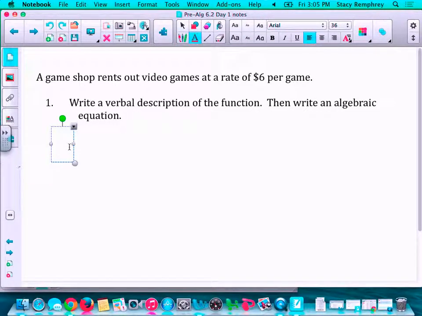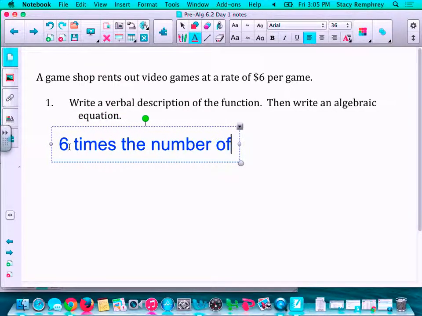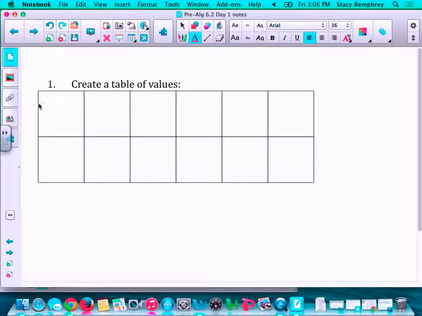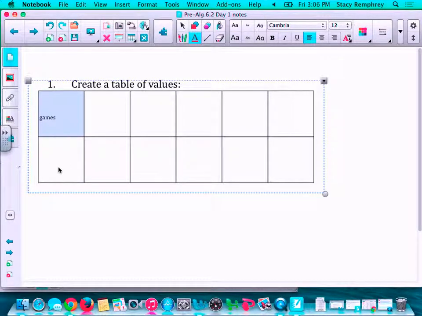Okay, for the answers to this, it would be 6 times the number of games is the cost. So that gives me 6 times the number of games, which would be my input, x equals y. So there's your written algebraic expression. You can make a table. So I have games, I have cost, 0, 1, 2, 3.